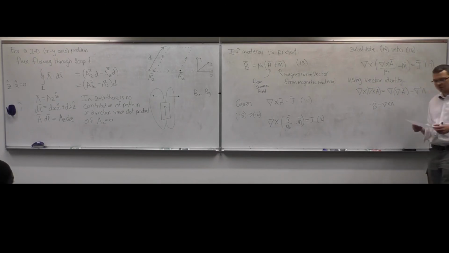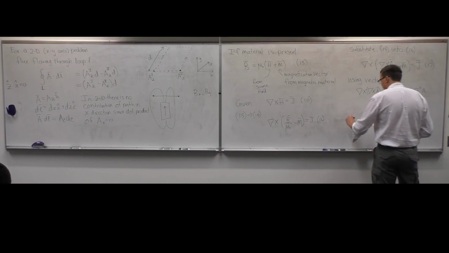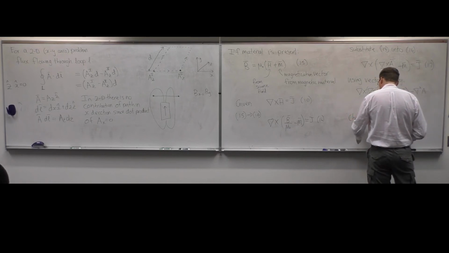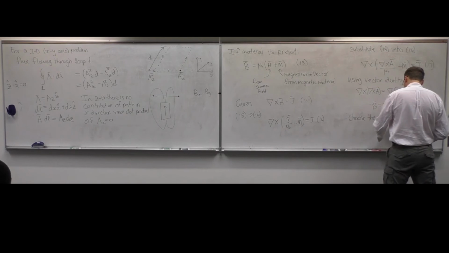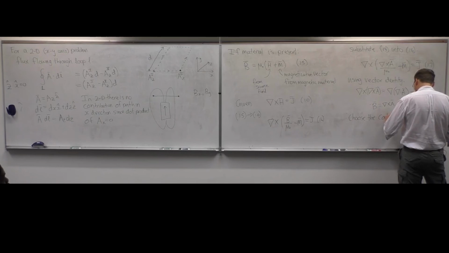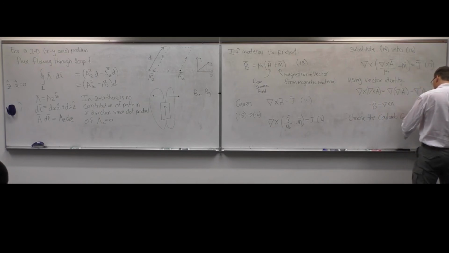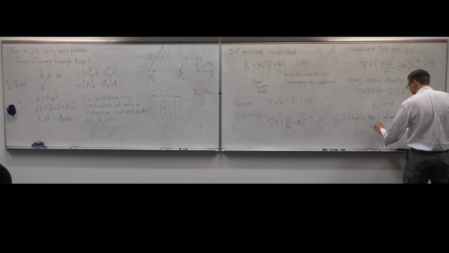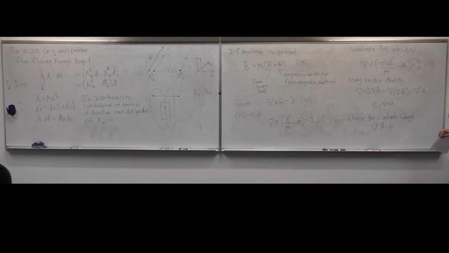And that's called the gauge condition, the Coulomb gauge. So if we choose the Coulomb gauge, which is del dot A is equal to 0, then this term in this identity will be 0, and that means that this del cross del cross A can be replaced by minus del squared A, which is a lot easier.